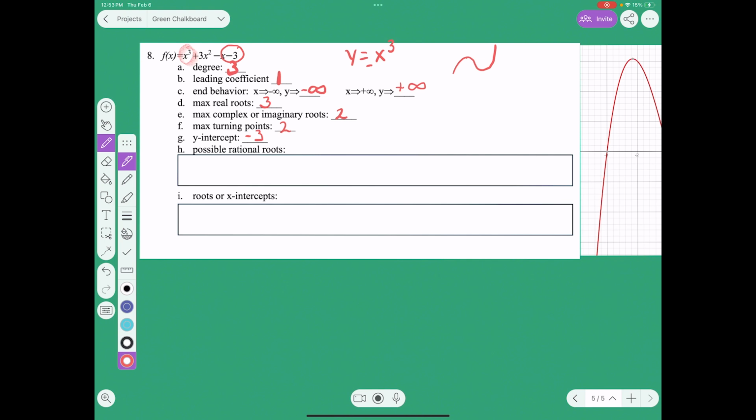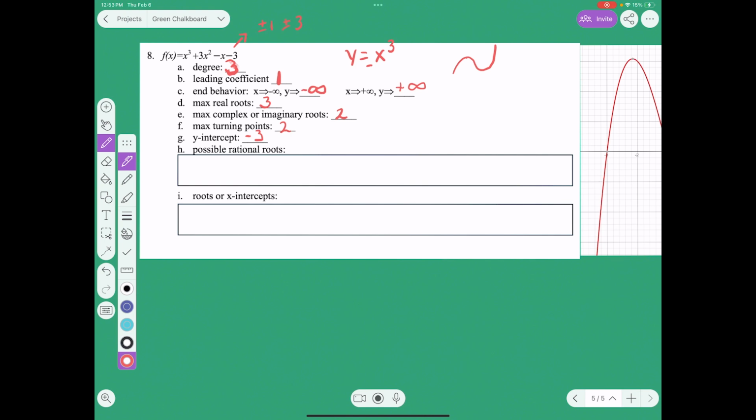All of our possible rational roots, this would be if we were going to use the factor theorem to factor and solve this problem or find our roots. In this case, let's look at this. Our last term here is 3. So plus or minus 1 and plus or minus 3 are the factors of 3.